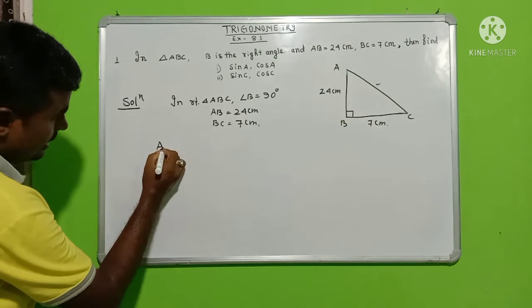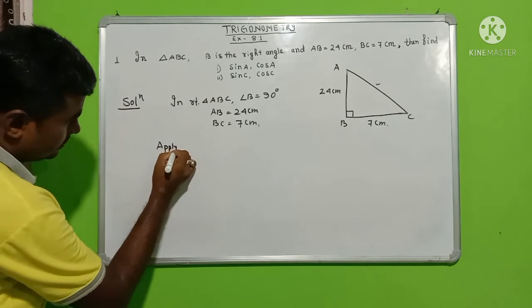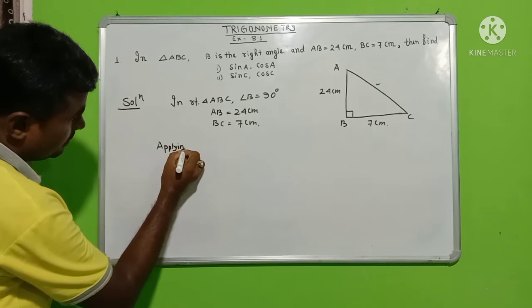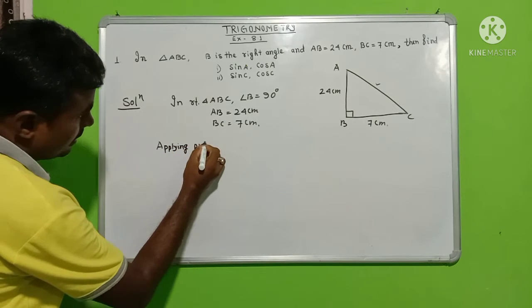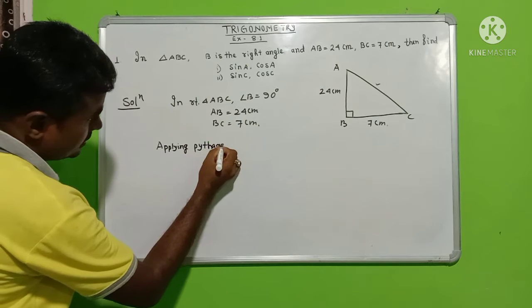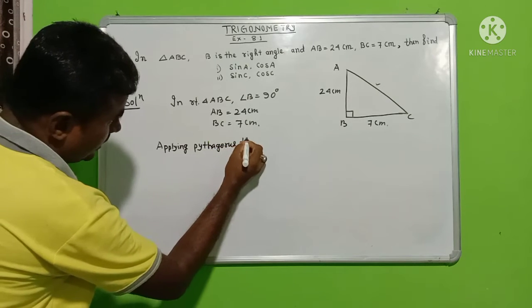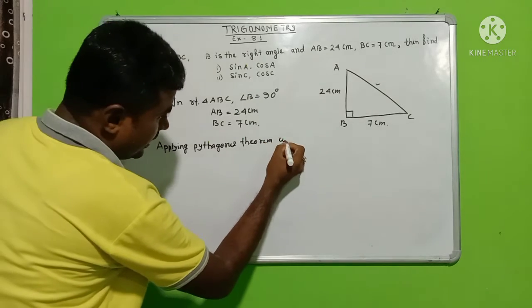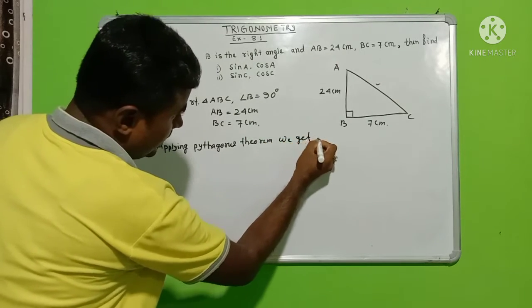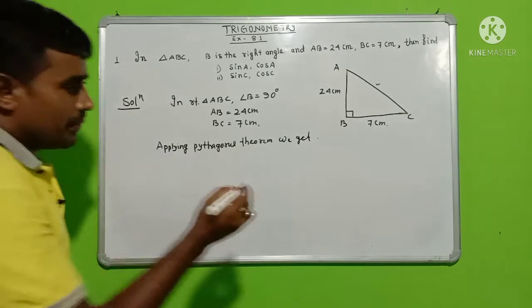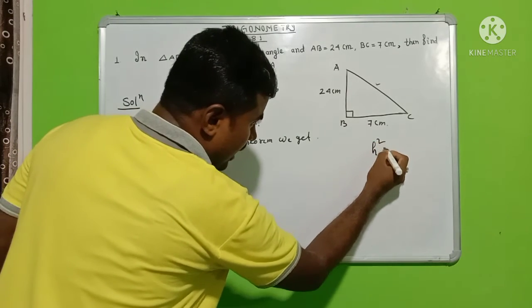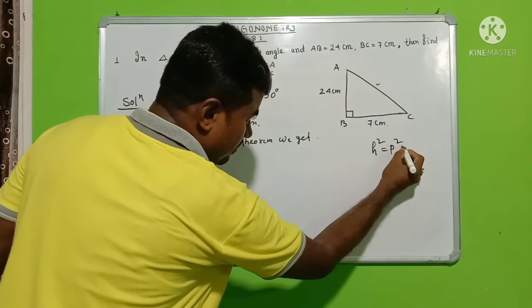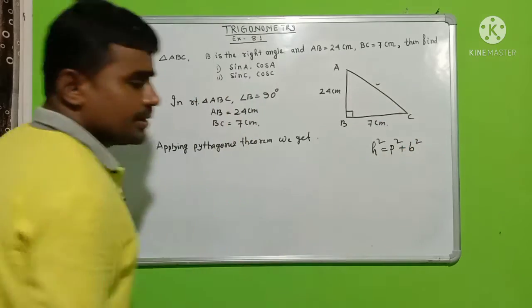Here you write, applying Pythagoras theorem, we get: Pythagoras theorem is hypotenuse square equal to perpendicular square plus base square.